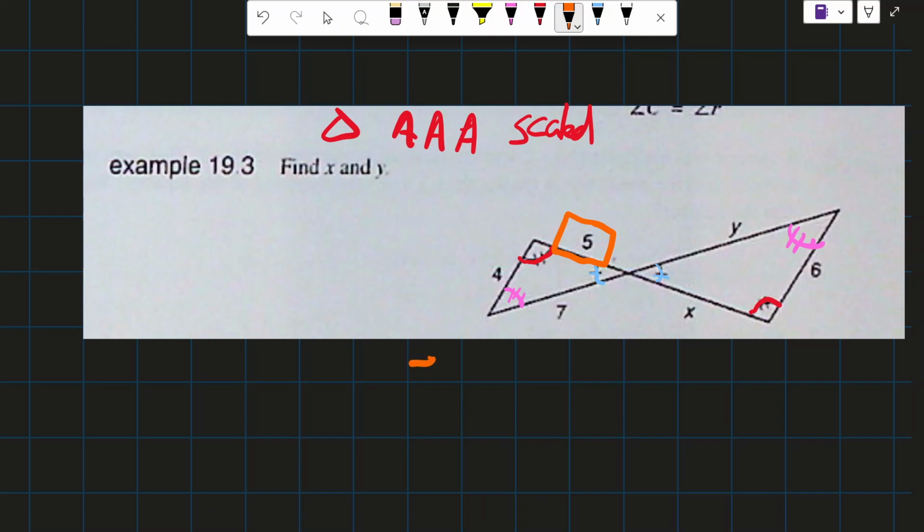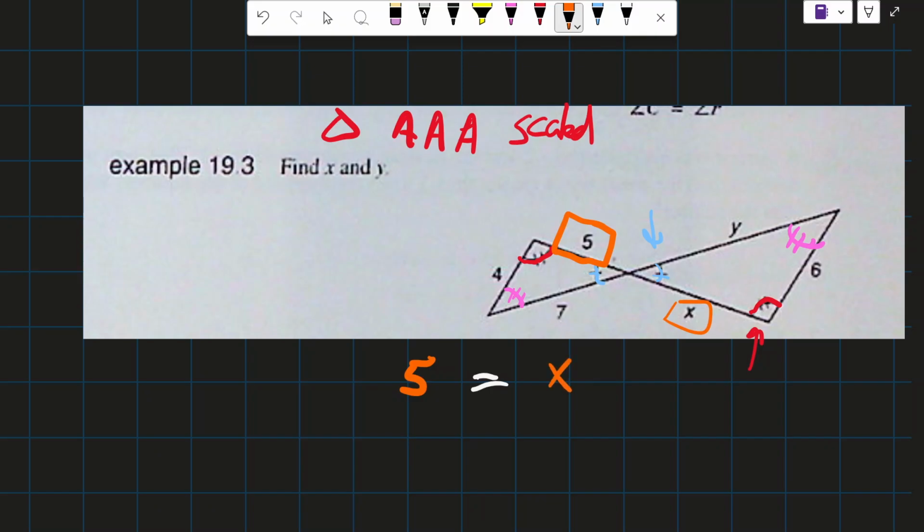So what is between the blue and the red over here? What letter is between those two? Well, that would be X, right? So let me put an equal sign here. So if I'm setting up a proportion, X and 5 are proportional to each other, right?